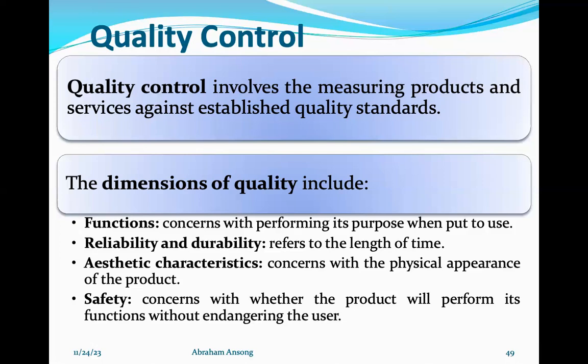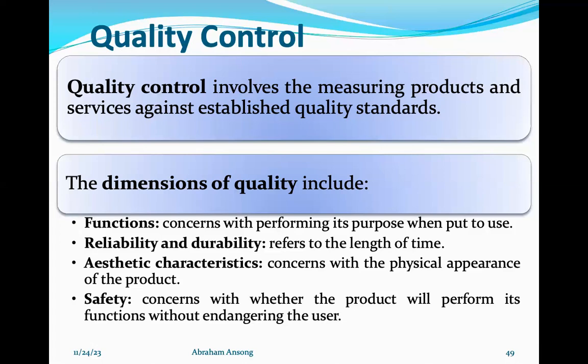The other dimension of quality is reliability and durability. This refers to the length of time. So you should be able to set some target with regards to how long the product should last if the customer was to use it according to the specifications of the manufacturer. And that is also very, very important. No matter how good a mobile phone is and how durable it should have been, if you mishandle it and throw it on the ground, it may not be able to last that long.